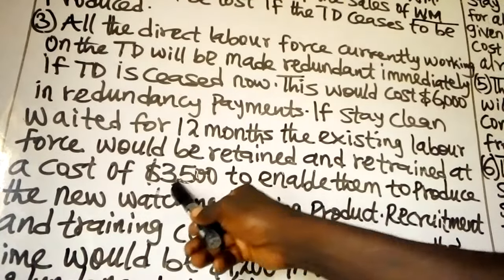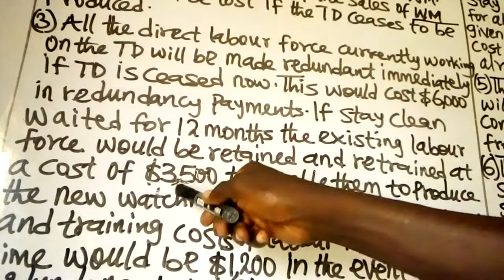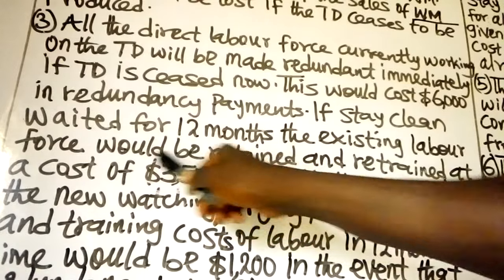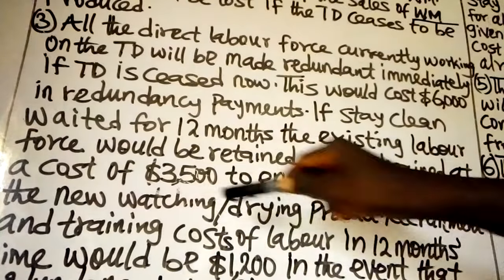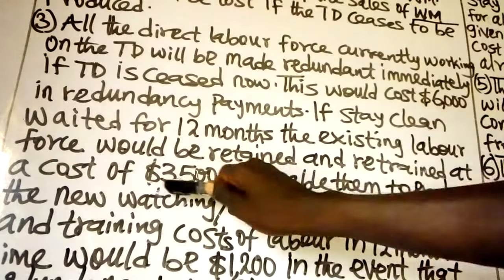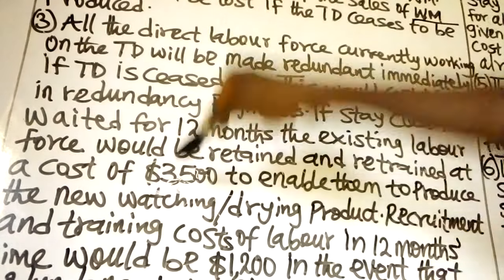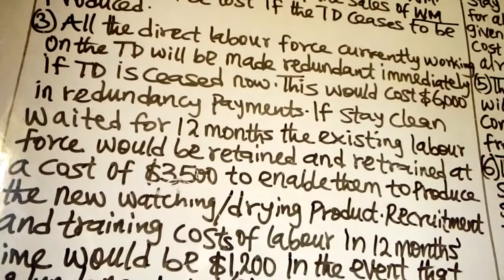Remember, if you don't want to cease now, it is then that you will need to retrain the workers and incur 3,500. The opportunity cost of ceasing now is the amount that will be saved. So that is going to be treated as retraining costs that will be saved.